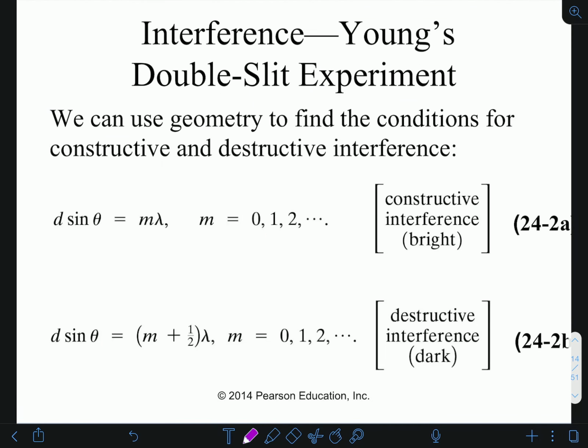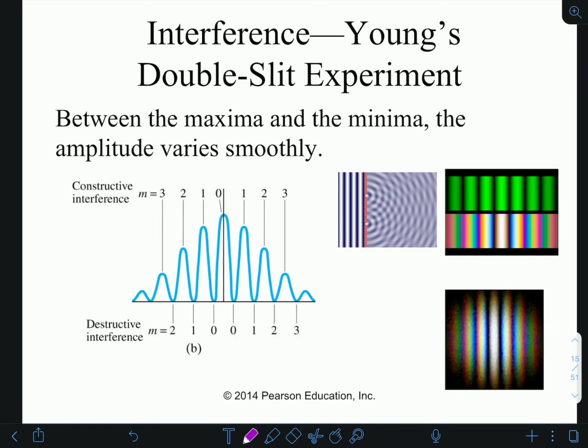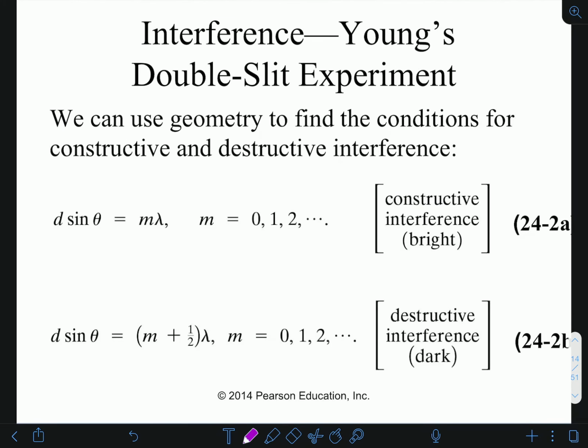So then if I look at trying to predict where the dark and bright lines are, for the bright lines, remember, this is the extra distance that the light travels.